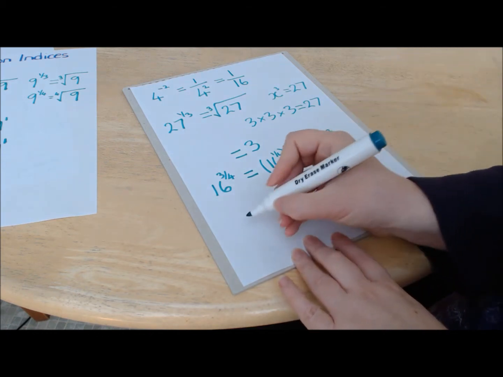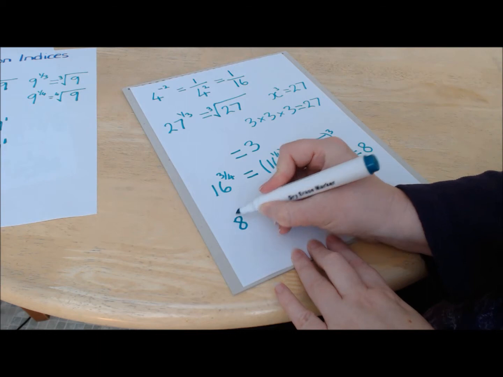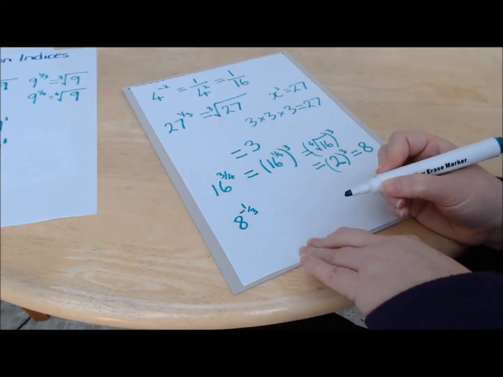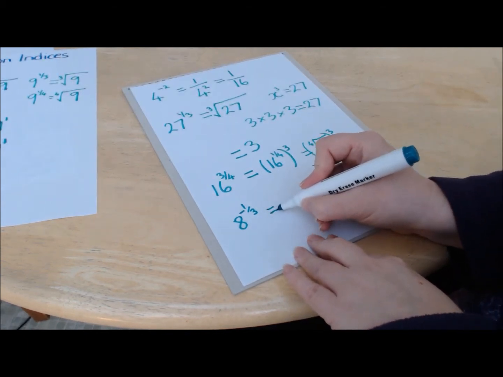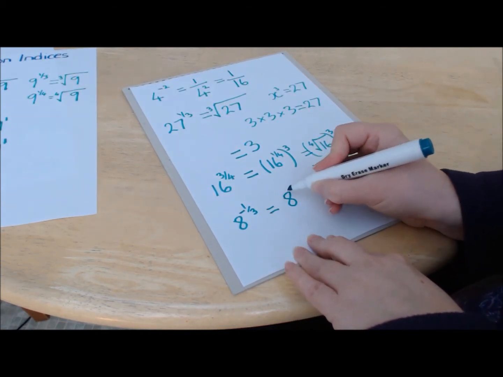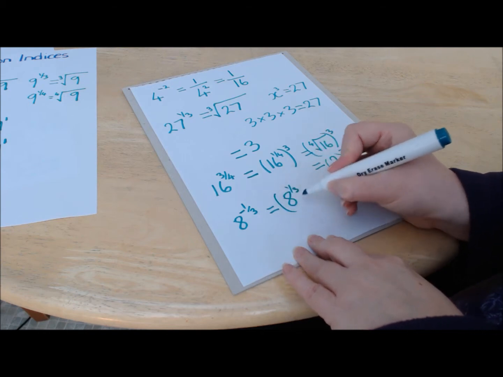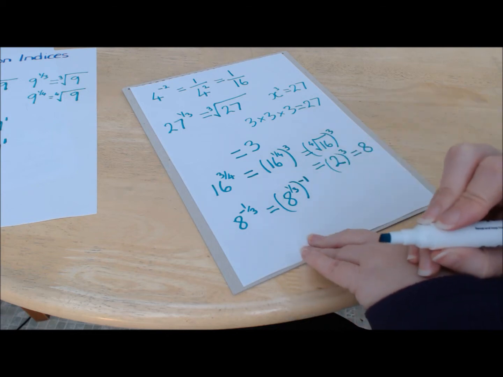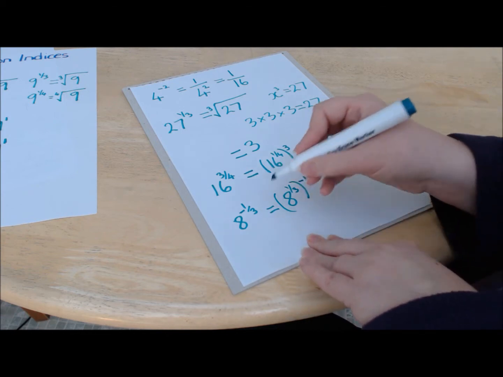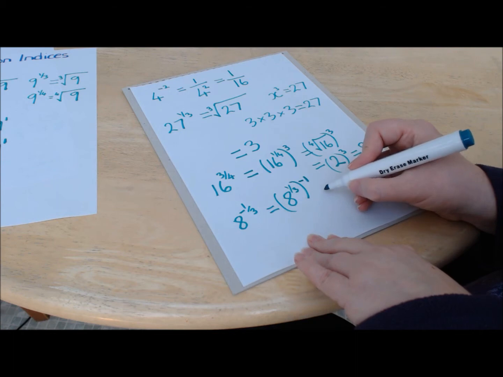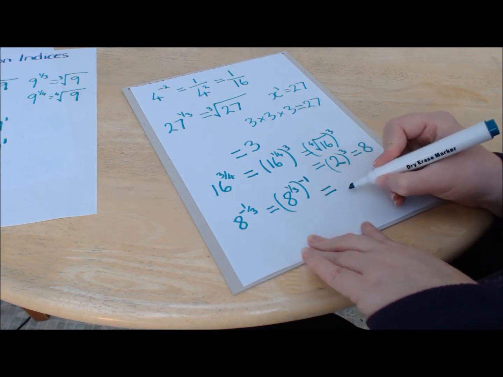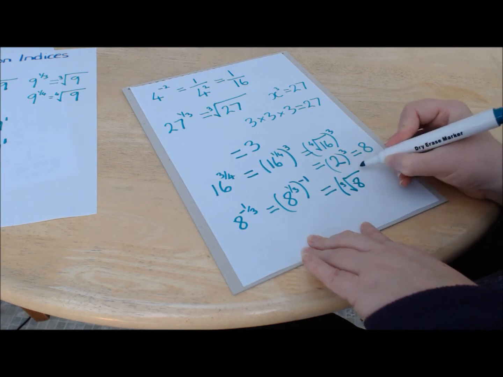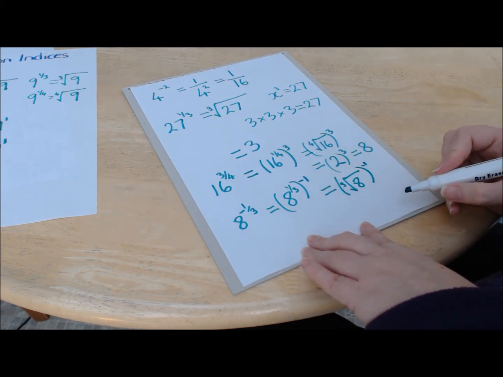So here's another example. We've got 8 to the power of minus a third. This time in the brackets I'm going to have the 8 to the power of a third, and outside I'm going to have minus 1. So minus 1 times 1/3 is minus a third. So what have we got inside the brackets here? We've got the third root of 8 to the minus 1.